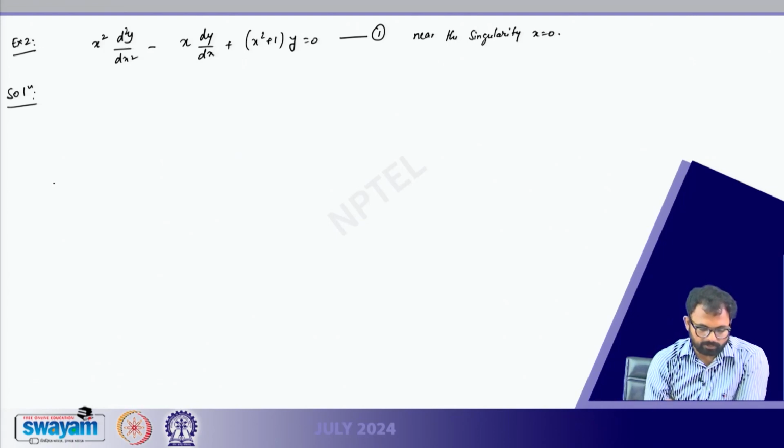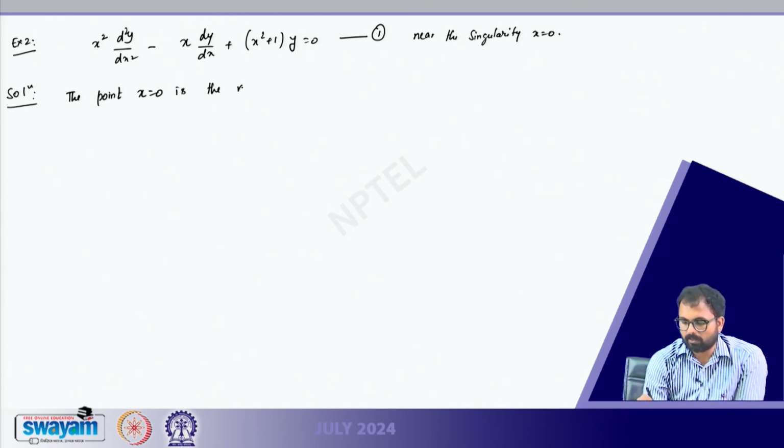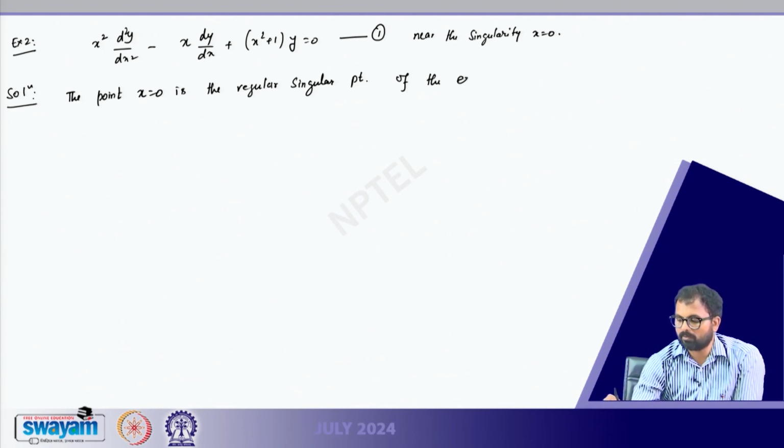Obviously the point x equals to 0 is the regular singular point, because if you divide by x square, then capital Px will have 1 by x and the maximum power is 1. So, therefore, it is a regular singular point of the equation 1.